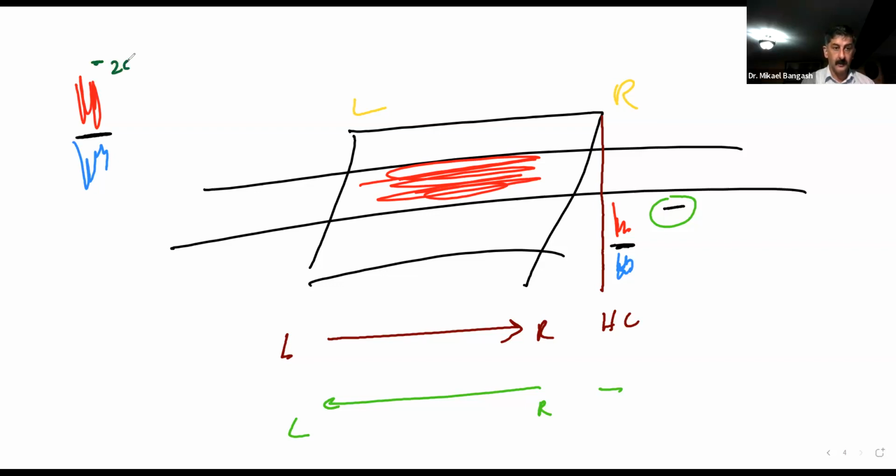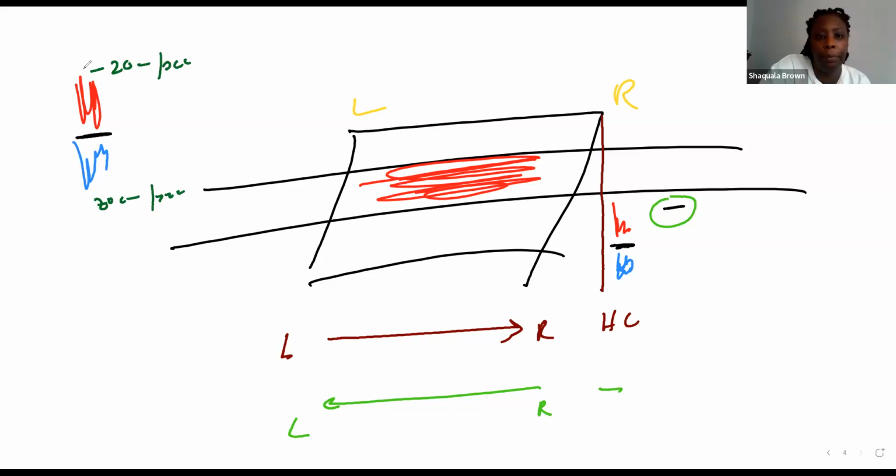Let's say it's 20 centimeters per second. Let's say we have the baseline at 50-50. So down here is going to be 20 centimeters per second as well, but what you will see here will say minus. Did that make sense?